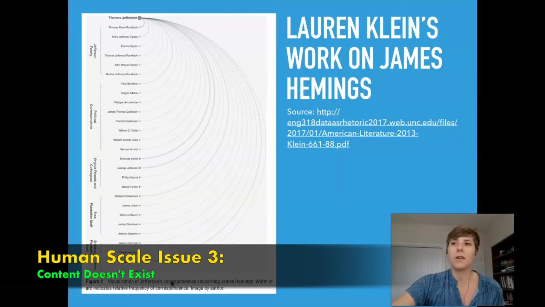So what Lauren Klein has done is she's basically read and mapped patterns of correspondence between Thomas Jefferson and all these other people who visited his home and ate food by James Hemings, right? And so mapping that, trying to find a gap and understand more of the role that James Hemings played in this household, because otherwise that content simply isn't available.